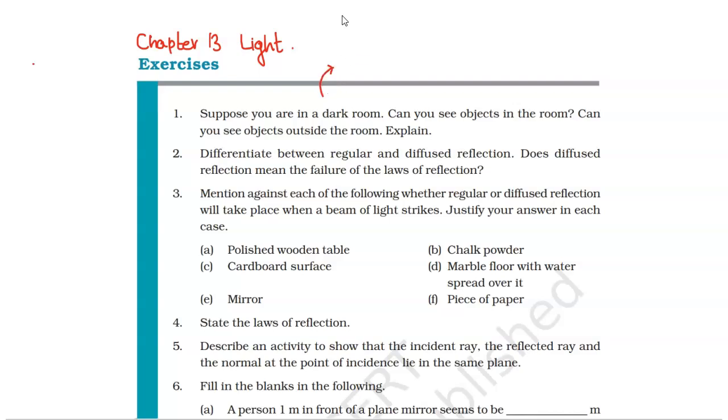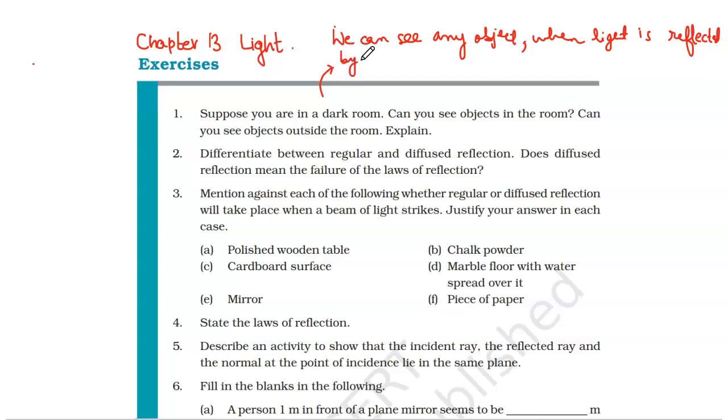So, we can see any object when light is reflected by that object.